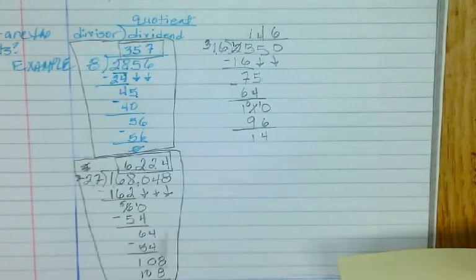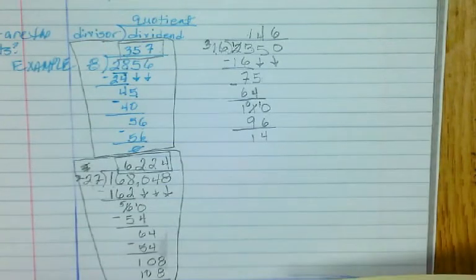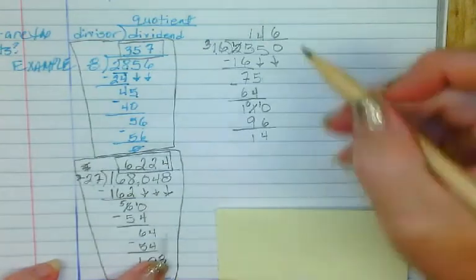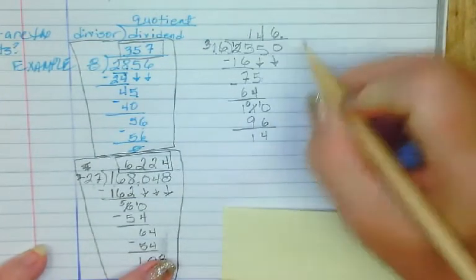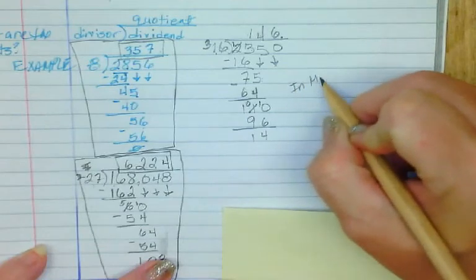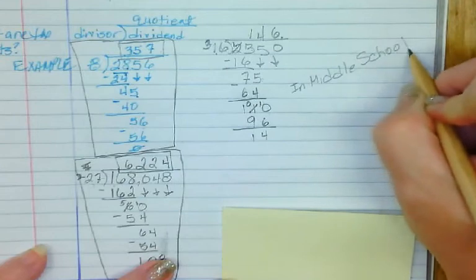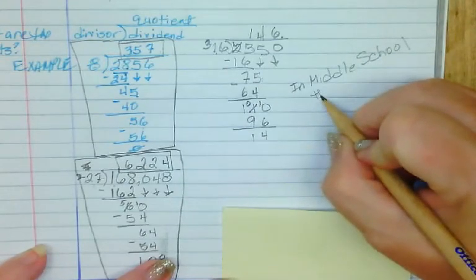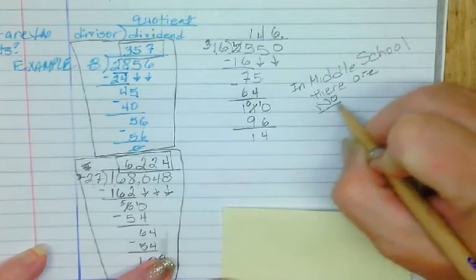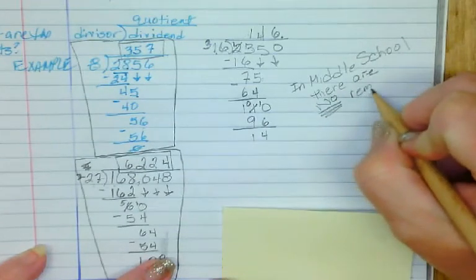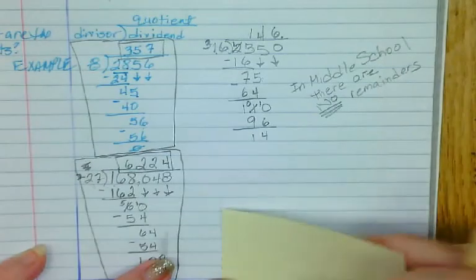We're not done. We have to keep going. There are no remainders. In middle school, there are no remainders. We have to keep going.